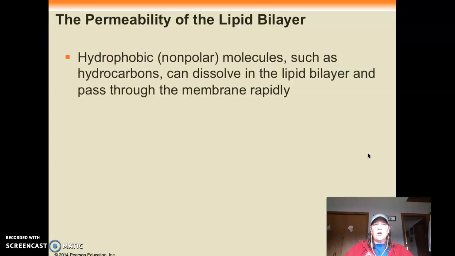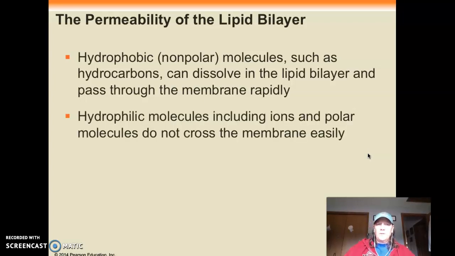Okay, that lipid bilayer with your two ends, the hydrophobic, the one that doesn't like water, that's going to be nonpolar. And then they're going to be attracted to the hydrocarbons, the oils, the cholesterol. They can dissolve in the lipid bilayer and pass through the membrane quickly.